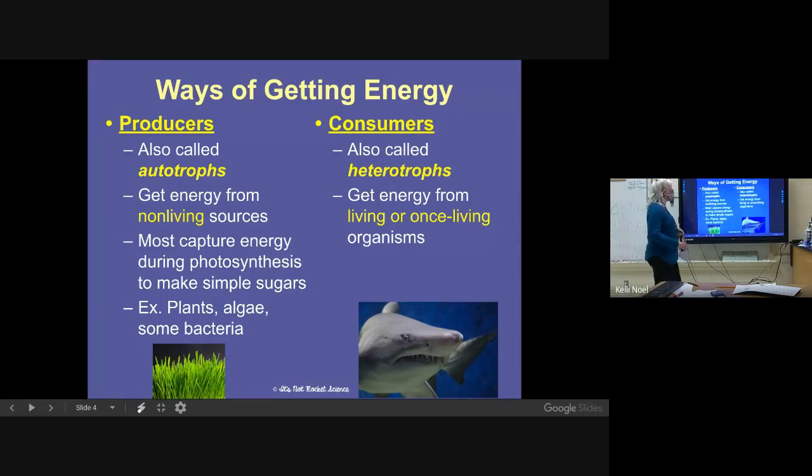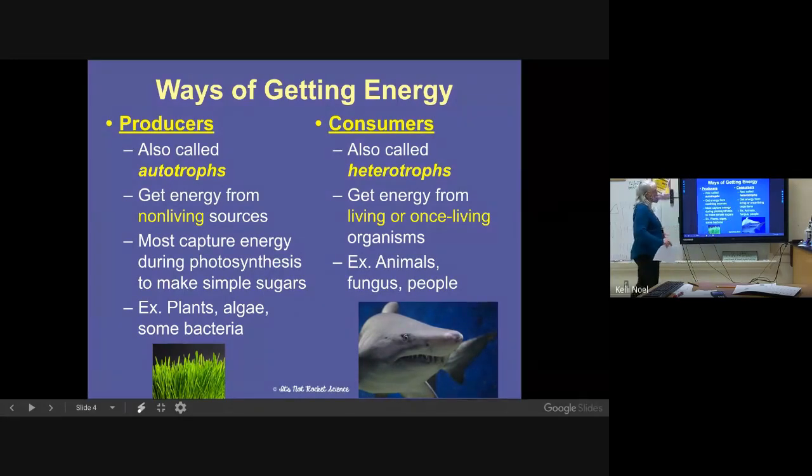So either living or once living. And this is going to be your animals, your fungus, people, anything that has to consume their food. It falls under consumers or heterotrophs. So autotrophs, heterotrophs. Those are the two columns at the top of your notes there.